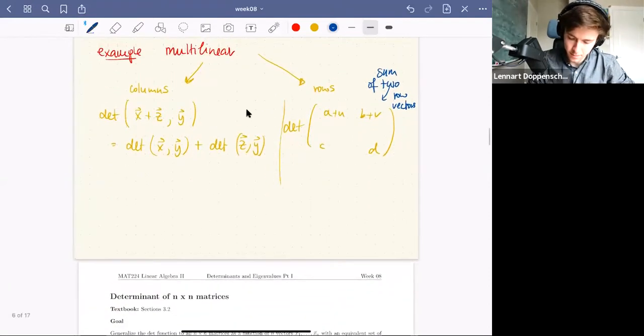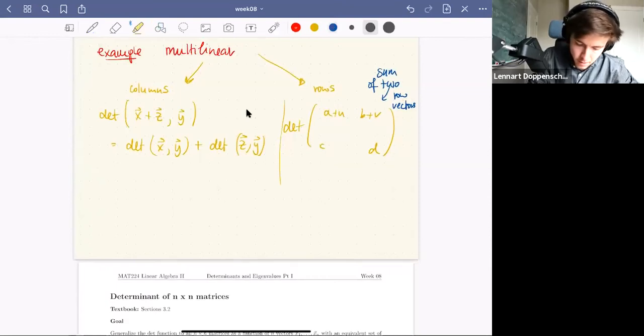So you can think of this as the one row vector AB and another row vector UV.